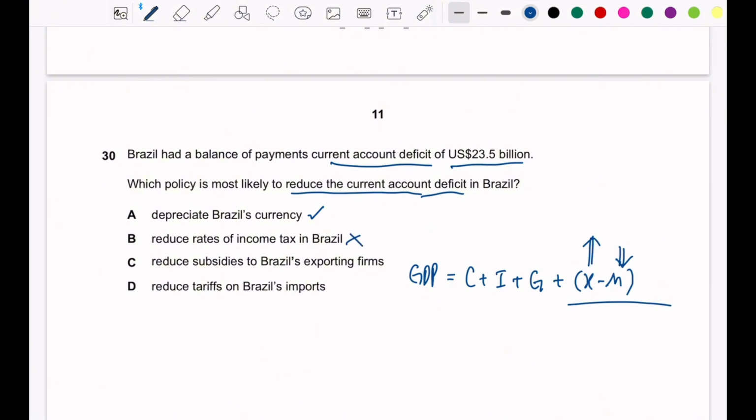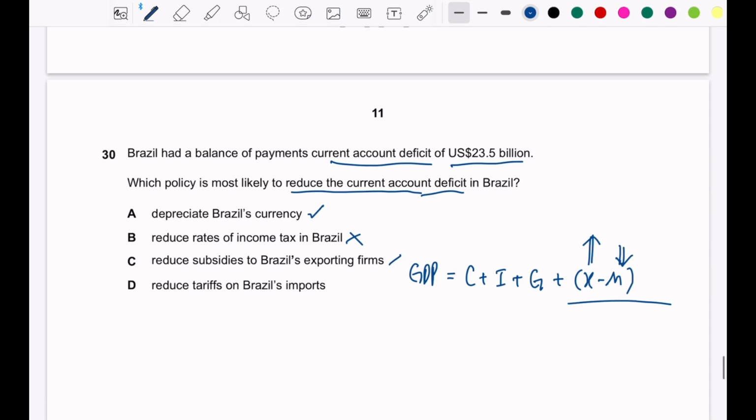Reduce subsidy to Brazil's exporting firms, no. It should increase so that it can increase the competitiveness of Brazilian domestic firms so that they can increase exports. Reduce tariffs on Brazil's imports, no. It should be increased. So we can confirm the answer is A.